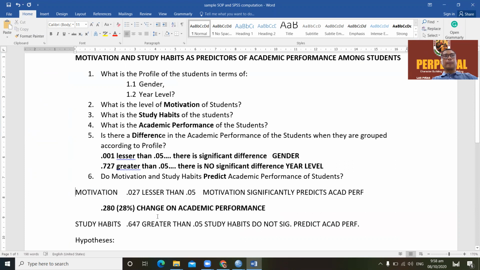Therefore, we could say motivation predicts 28% of the change in academic performance.